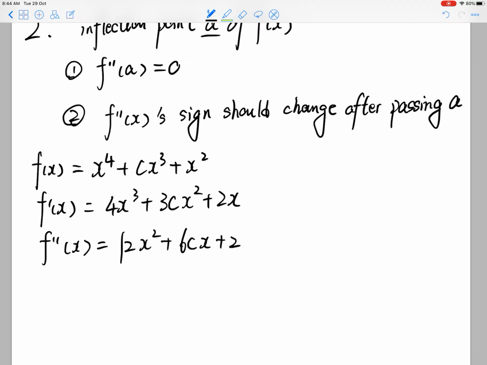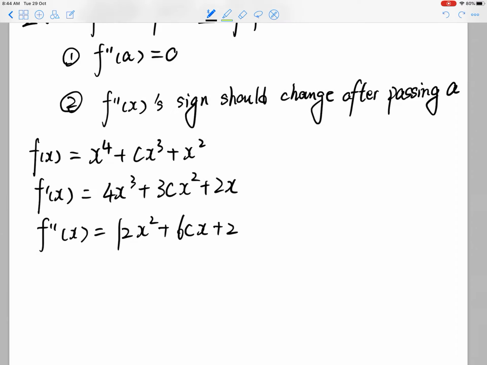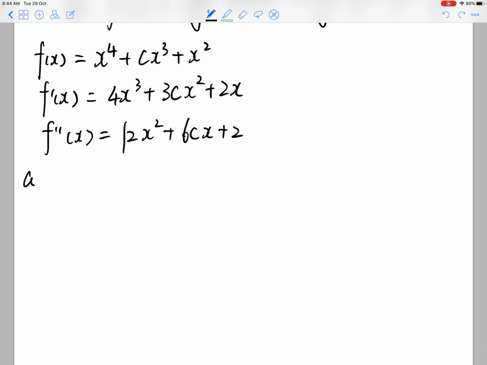Then when it doesn't have any inflection point, either you don't have any point where the second order derivative equals 0. So part A, if no inflection point, there are two cases.